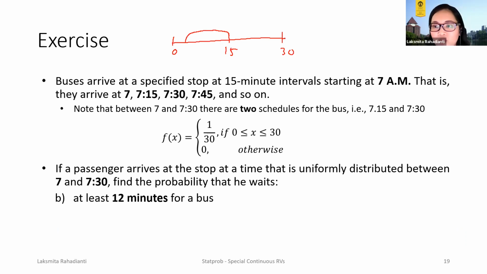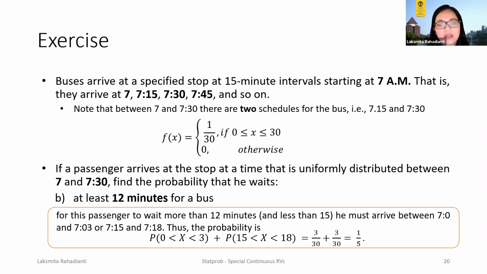So he has to arrive between 7 o'clock and 7:03, or 7:15 and 7:18. This is the probability of the first one, and this is the second one. As previously, I can write it down: what's the probability of X being between 0 and 3, and the probability of X being between 15 and 18? And we can compute the probability as follows.